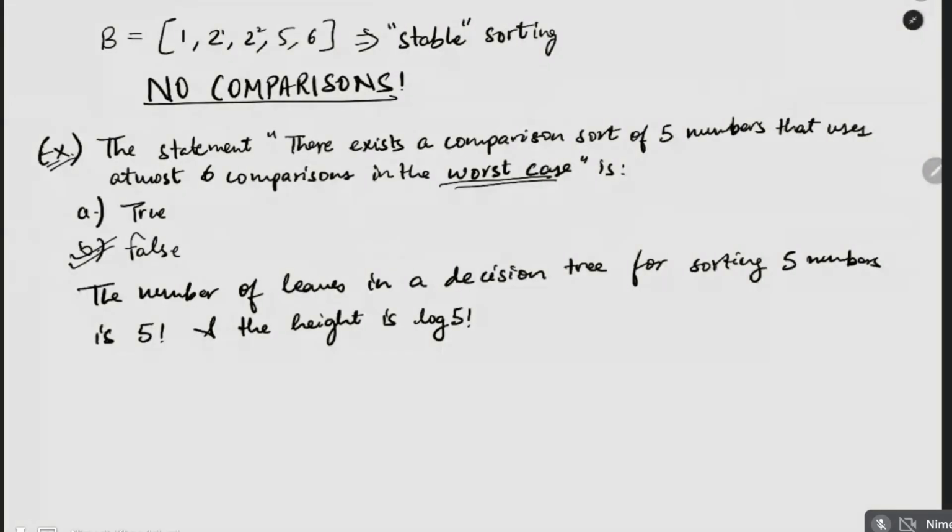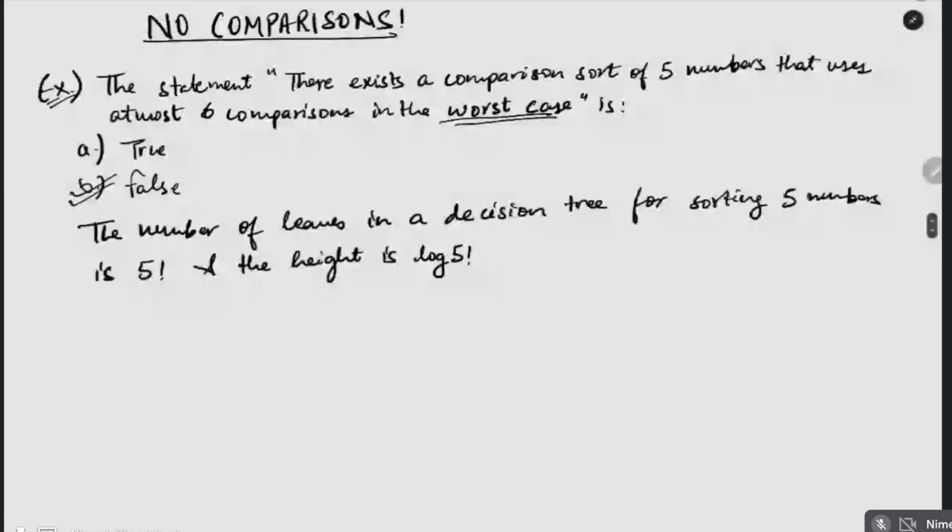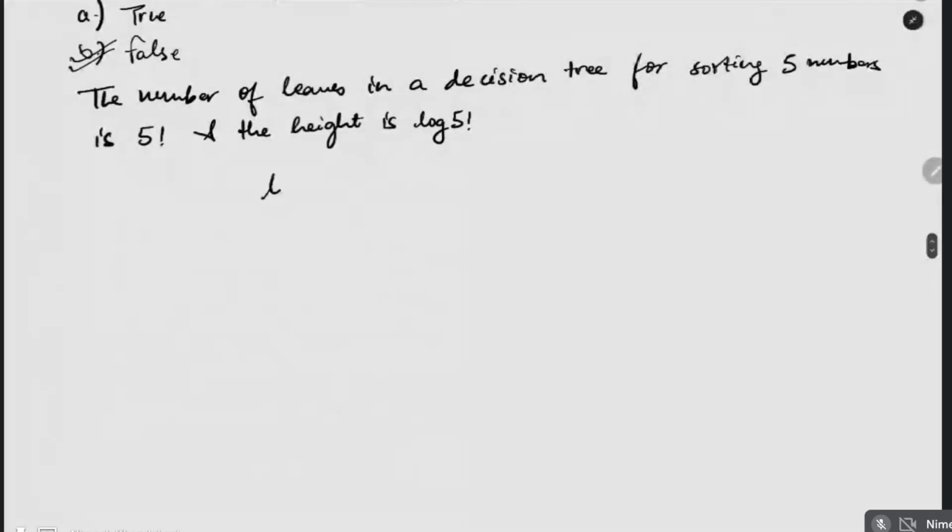So the number of comparisons that are required depend on the height of the tree, right? And if we analyze log of 5 factorial, right?